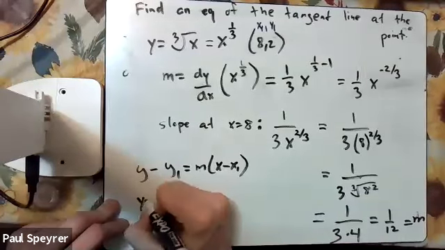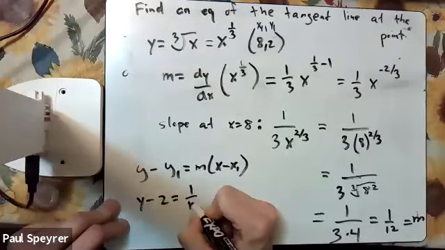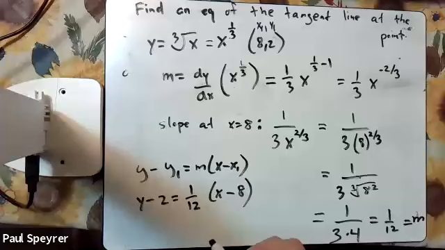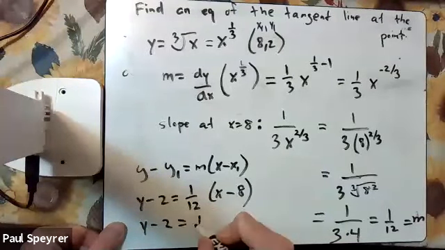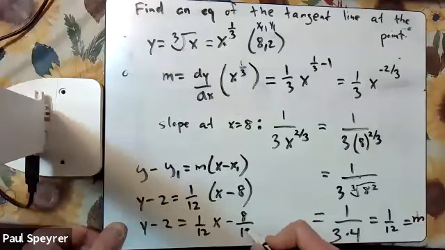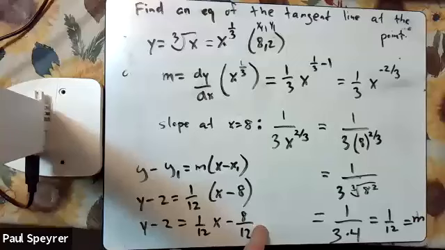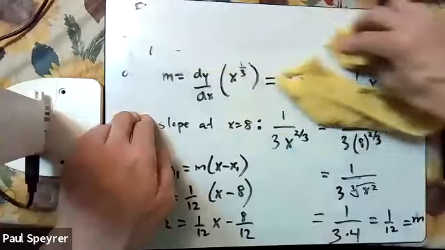We have y minus 2 equals 1/12 times x minus 8. And then we keep going, right? This is y minus 2 equals 1/12 times x minus 8 over 12. And yes, we are going to reduce that. I'm going to reduce that on the next line. You should always reduce fractions and roots, right, if possible.